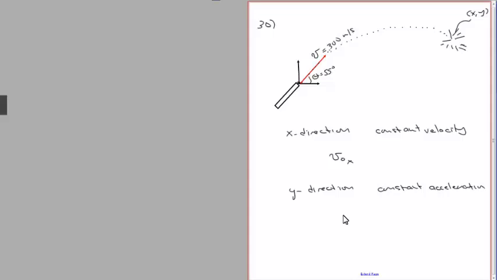And the acceleration is equal to negative 9.8 meters per second squared. We know here that x0 is equal to 0. And here we know that y0, our initial y displacement, is also 0. We also have an initial y velocity. And then here we have time, being 42 seconds.